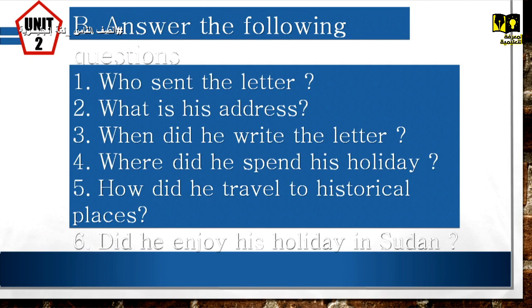Here the verb is infinitive, and did is an auxiliary verb for the past simple. But when we come to answer such a question, we use the past tense form of the verb in the answer, because there is did in the question. How did he travel to historical places? We say he traveled by bus.